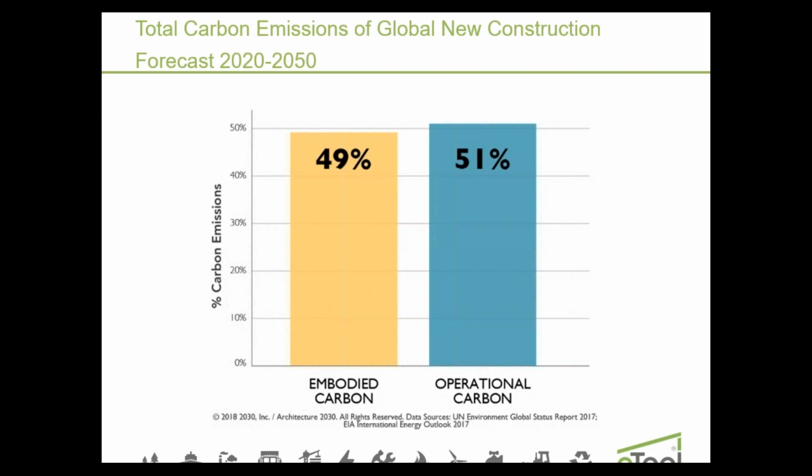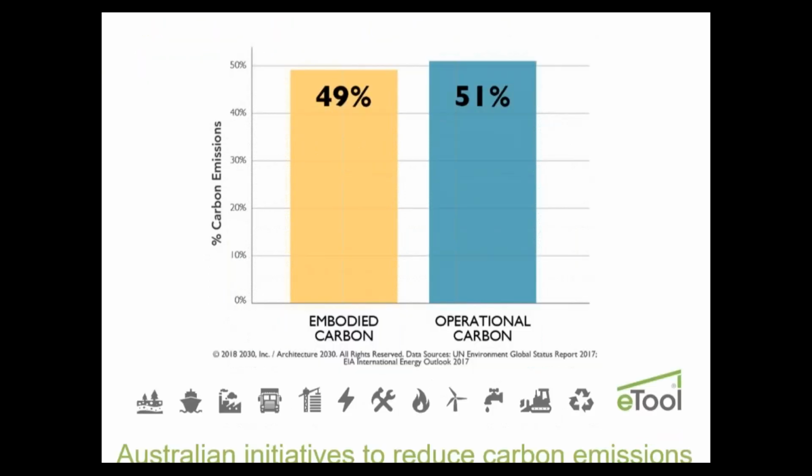However, the forecast produced by the UN Environment Global Status Reports and also by the architects says that this proportion is going to be almost equal by 2050, and I'm going to show you through the software also that it's a pretty accurate forecast.